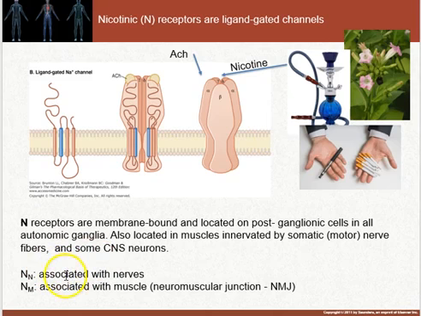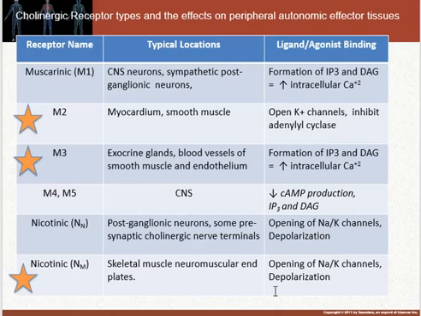The nicotinic receptor associated with nerves or at the ganglion has the subscript N. And the nicotinic receptor associated with muscle movement, like voluntary skeletal muscle movement, is the nicotinic sub-M receptor, and sometimes you can see it classified as the neuromuscular junction receptor or the NMJ. All right, and so the muscarinic receptors can be introduced here. Let's take a break and have a separate recording for the muscarinic receptors because I do want to spend some time on this.